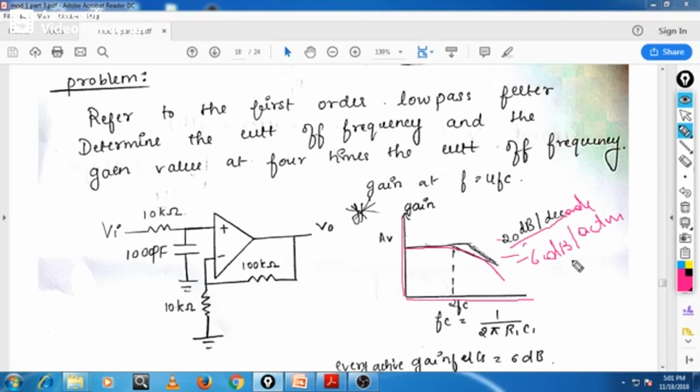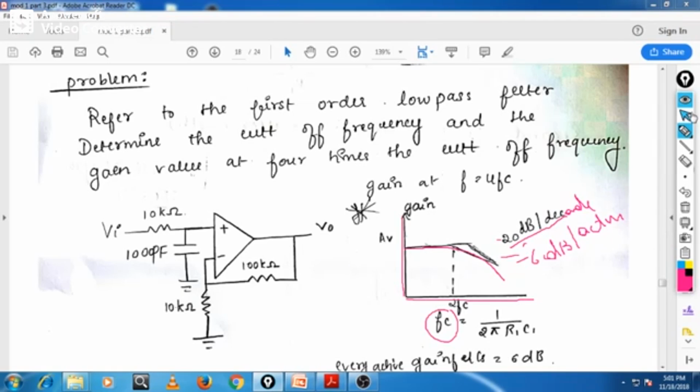Now first we will calculate the cutoff frequency fC. How do we calculate it? To calculate the cutoff frequency fC, we use 1 by 2 pi R1 C1. What is the value of R1 here? R1 is this one, and C1 is this one.